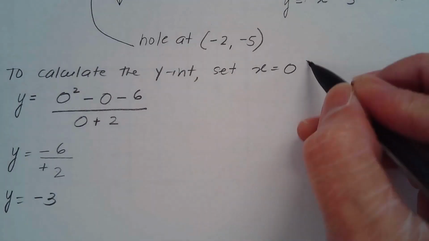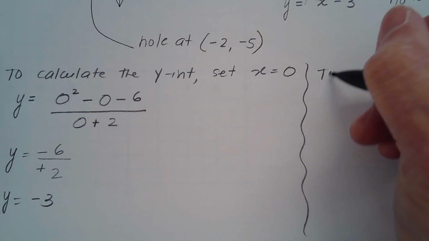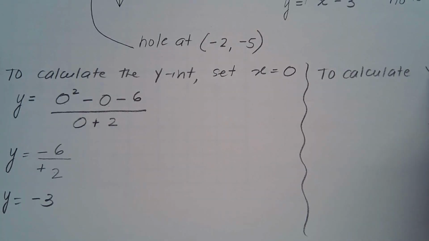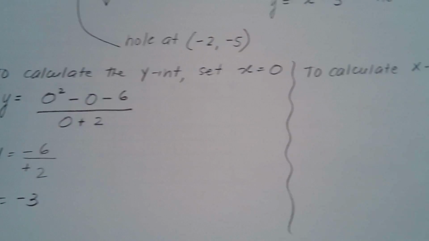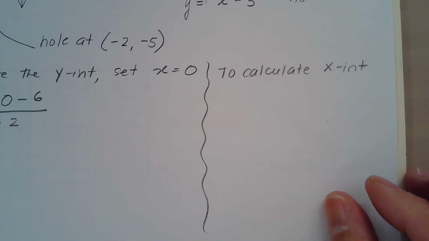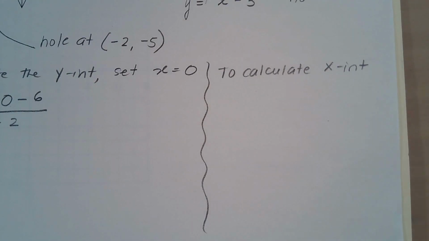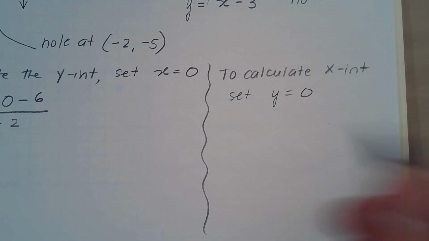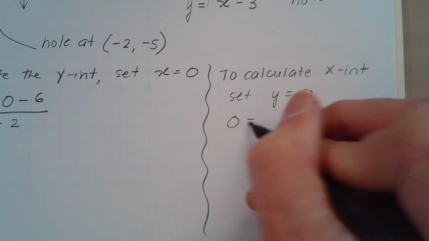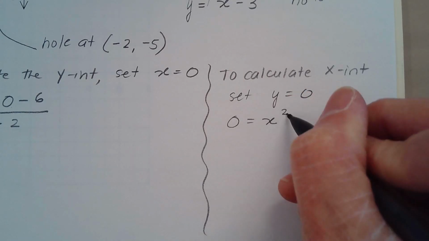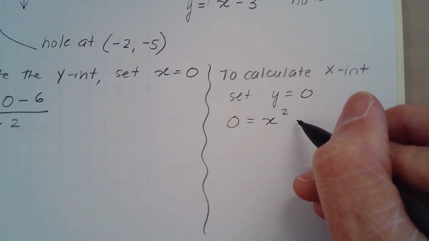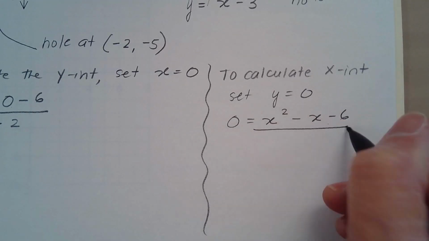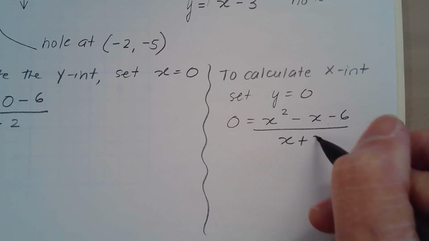Now how do you calculate the x-intercept? We set y equals 0. So 0 equals x squared minus x minus 6 divided by x plus 2.